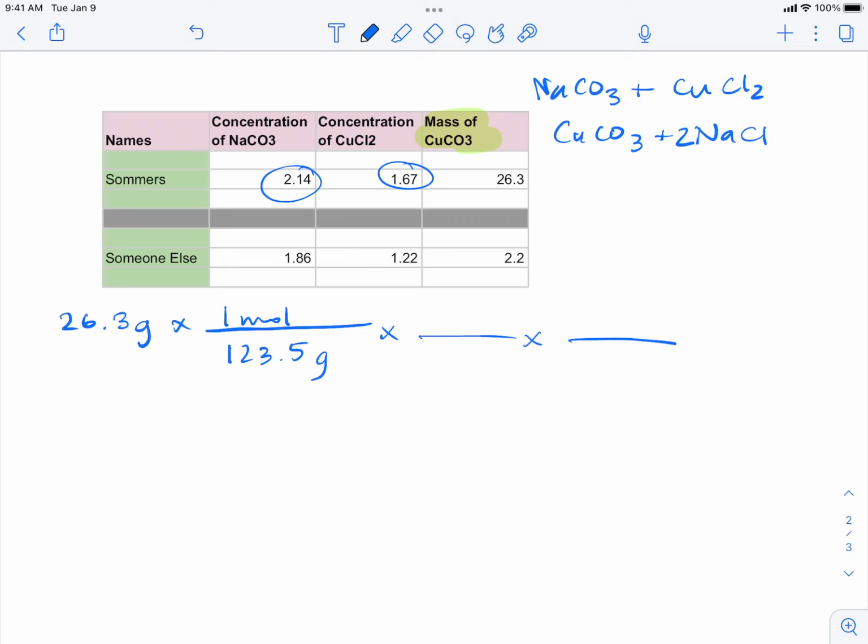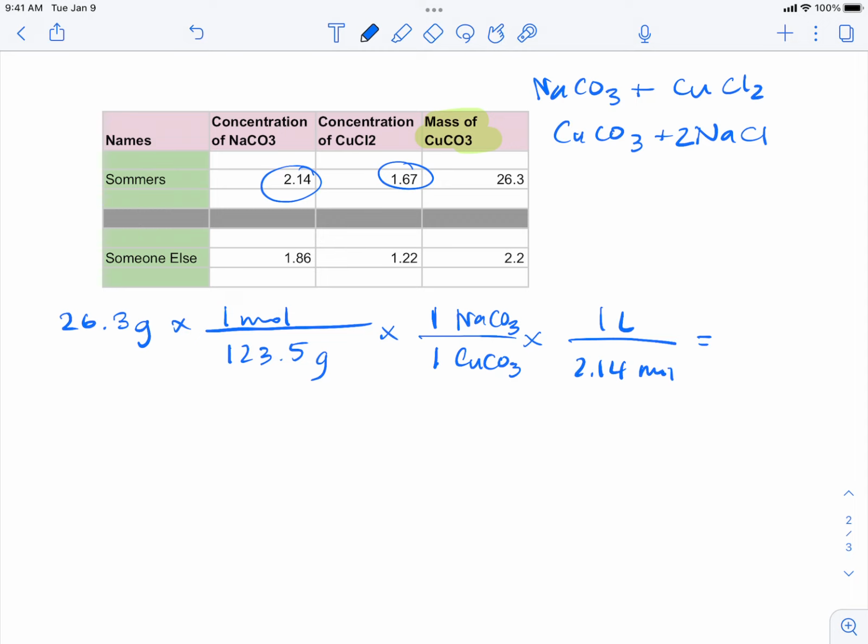You can see the balance of 2 in front of that. Everything else is 1 to 1, so this is going to be 1 mole of copper carbonate for every 1 mole of sodium carbonate. Now the sodium carbonate has a concentration of 2.14, so we put that here, 2.14 moles in 1 liter, and we do the math real quick to calculate it out.